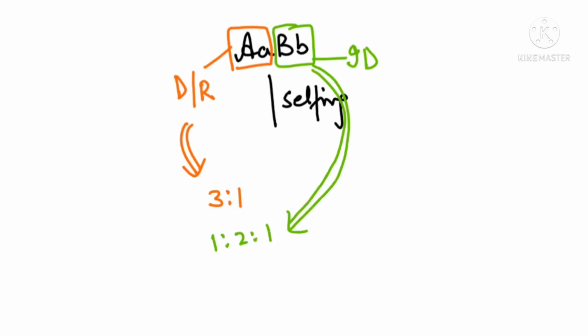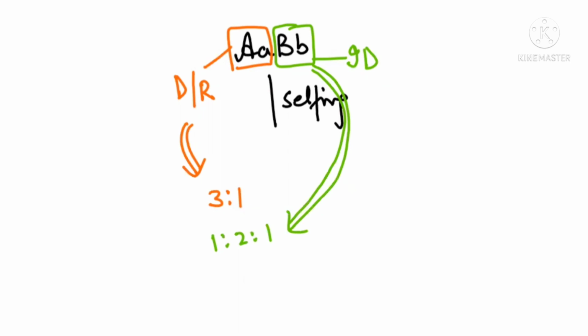Isn't it? This much is clear now, beta? According to dominant recessive, the phenotype ratio of the F2 generation should be 3:1, and according to incomplete dominance, it should be 1:2:1.